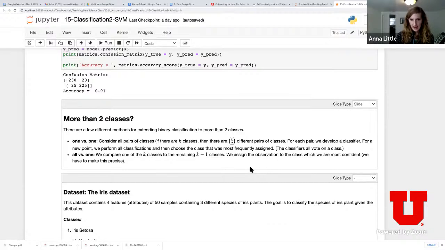We might have class 1 and class 10, and a classifier that can tell us, are you class 1 or are you class 10? We can do this for all pairs, so we end up with K choose 2 different classifiers. Then to classify a new observation, we ask all of those classifiers, and we choose the class which was most frequently assigned.